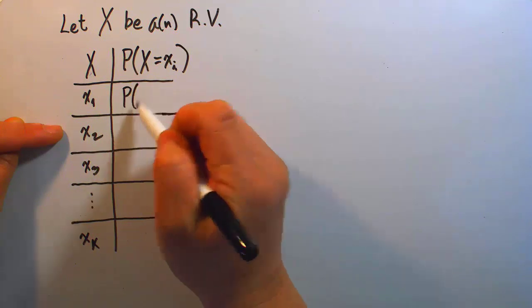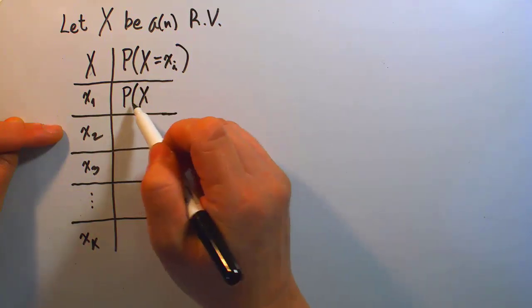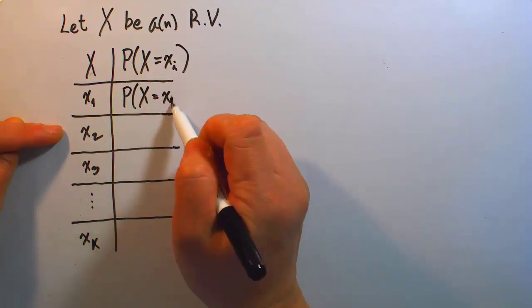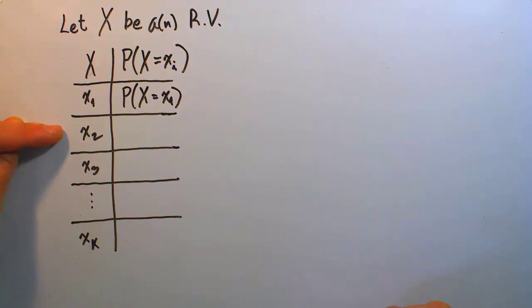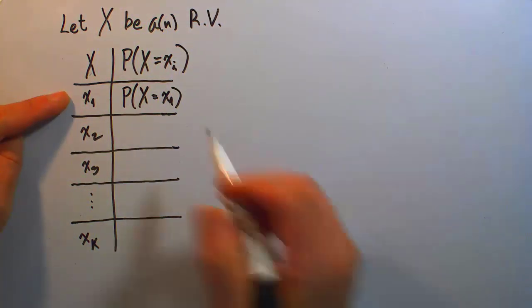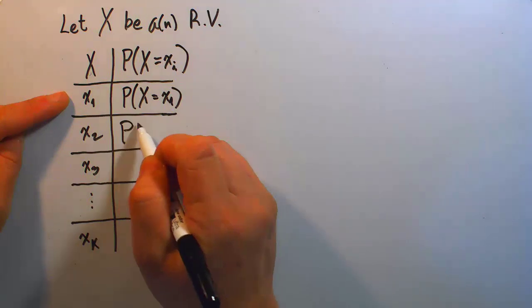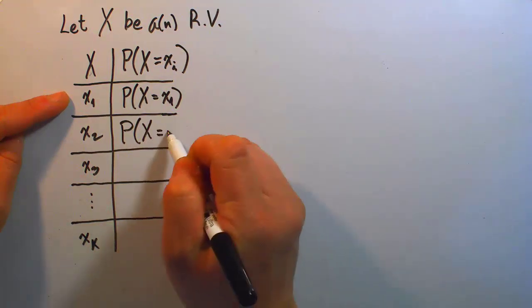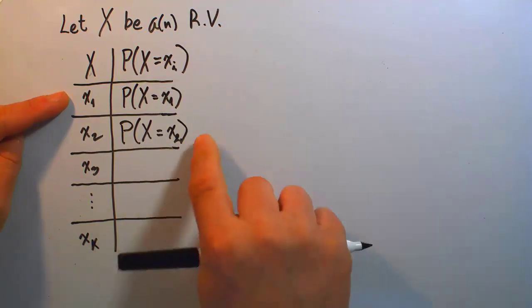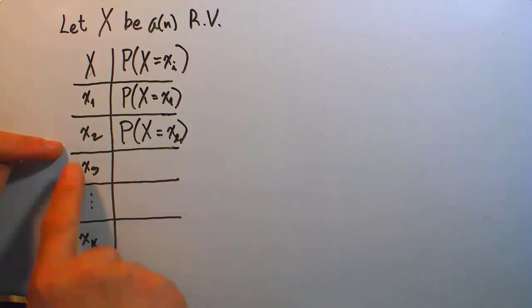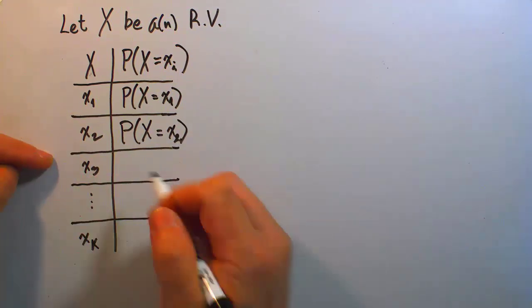So here I'm filling it out: the probability when capital X equals x1 goes on the right-hand side in the same entry, and here the probability when capital X equals x2 is the corresponding entry for x2, and so on.